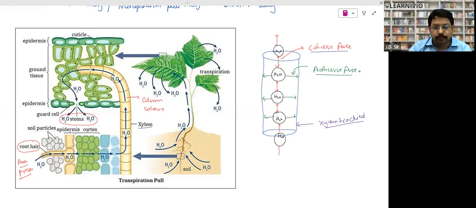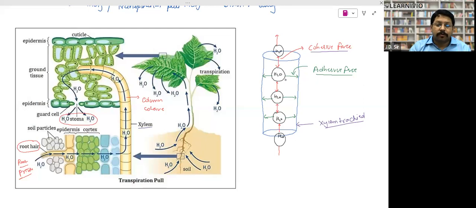This is called adhesive force, right? Adhesive force pulls the water molecule towards itself, toward the trachete, so that the water column does not fall, right? So there are two forces working when the water is transported: cohesive force between the water molecules and adhesive force between the water and the wall of the trachete.